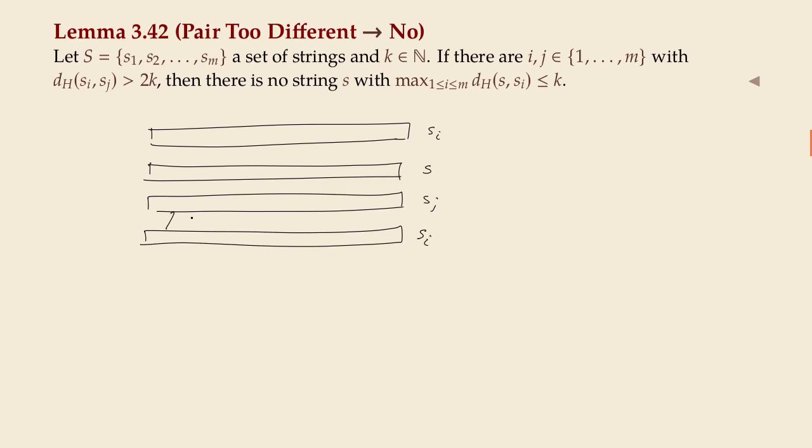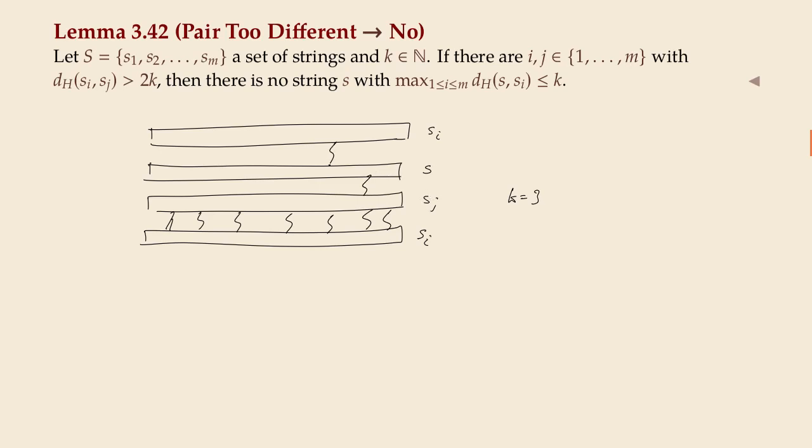Then you know there's a lot of columns where these have mismatches. So let's make a specific example. K is 3 and we have 7 mismatches. Then of course in each column this S can be either the character of this string at that position or of that string.